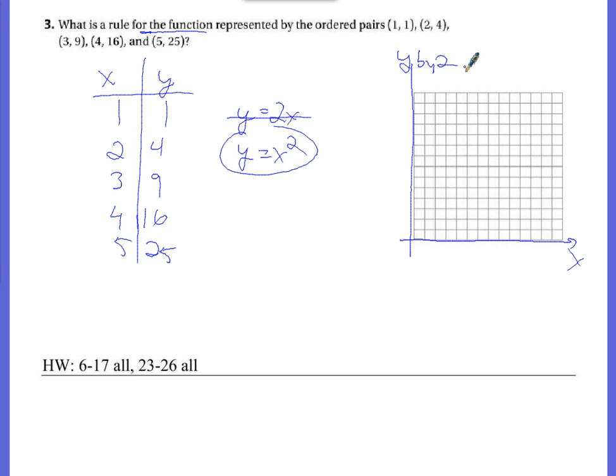And then 1, 1, so there, and then 2, 4, so there, and then 3, 9, so that's 4, 6, 8, 9 is halfway, and then 4, 16, so there's 10, 12, 14, 16, and then 5, 25. So there's 5, that's 16, 18, 20, 22, 24, 25. So there's your graph, another curve.